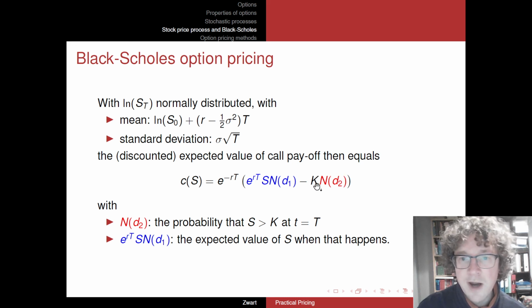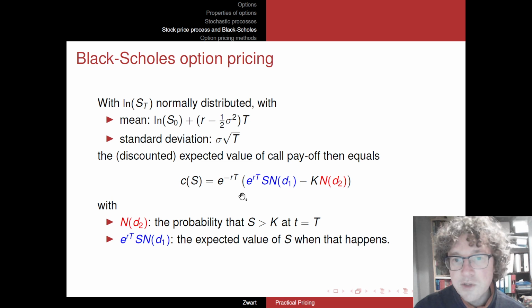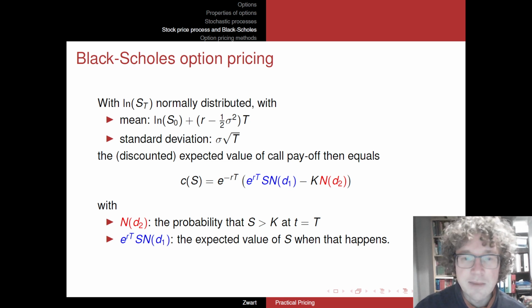Provided that S is bigger than K, that happens with the probability N of D2. Just take this as a notation here. In that case, we pay K, but what we get is the expected value of S, which is the blue part here. So this builds up what the Black Scholes formula is.